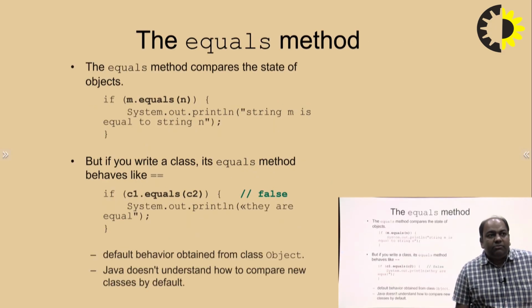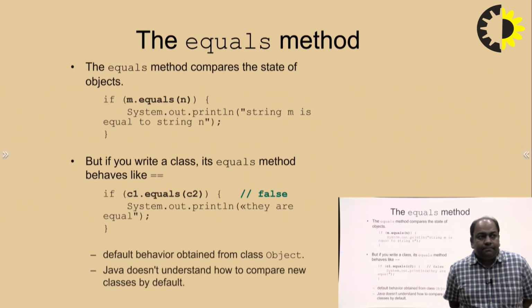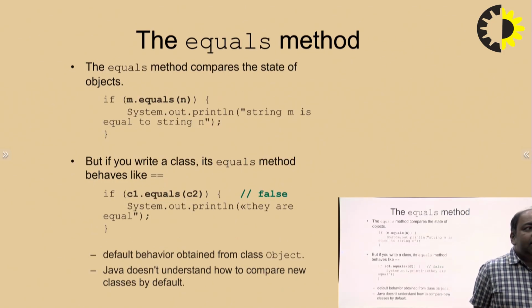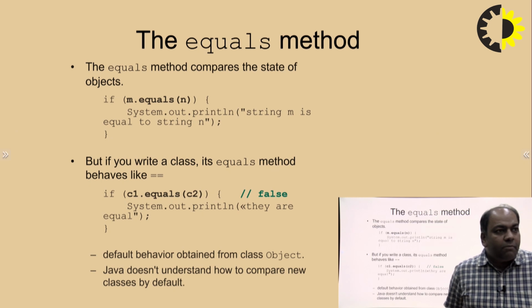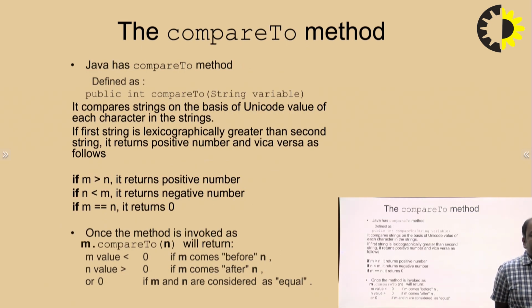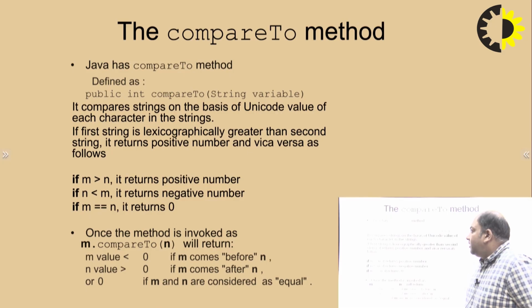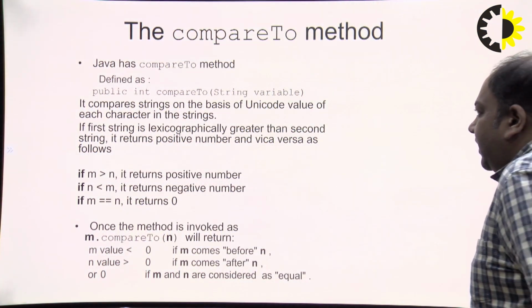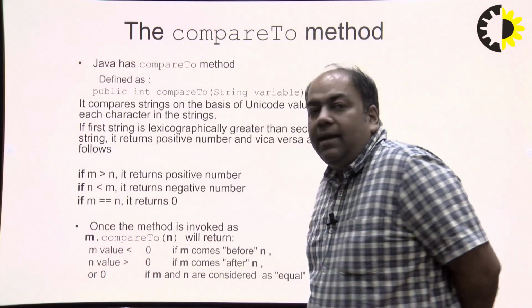The two methods which are used are equals and compare. The equals method compares the state of the object, and the compare method compares strings on the basis of their Unicode value. And with this I come to the end of my lecture on polymorphism and interfaces. Thank you.